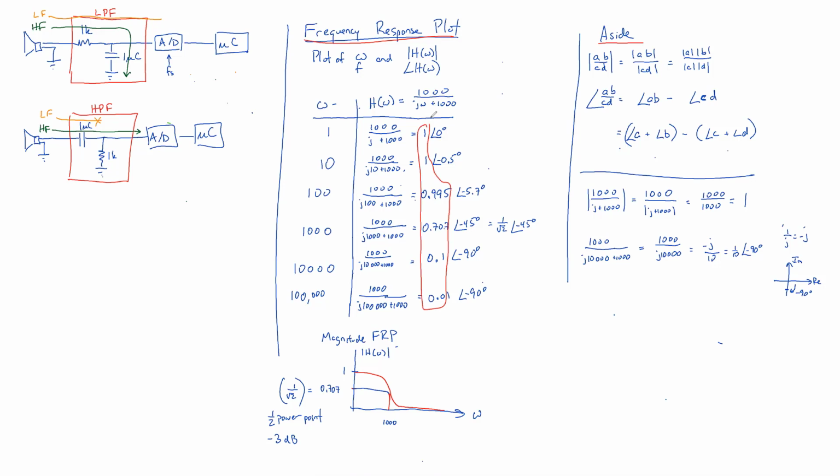And similarly, you can also have a phase frequency response plot. And although I'm drawing everything in terms of omega, you'll also see them in terms of frequency, Hertz type frequency. You can see that this begins at 0, and then it goes down and ends up at -90.